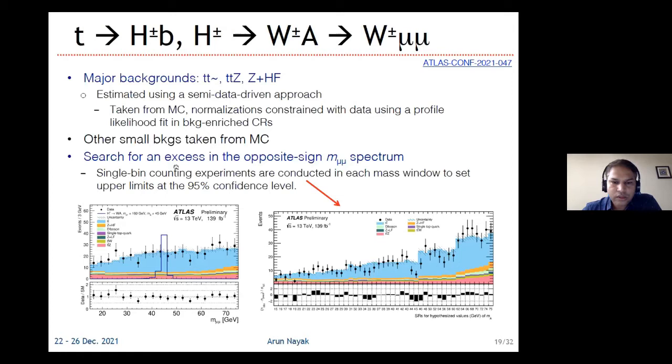For each of these points, you consider a few bins, and then count the number of signal and background events in each of these bins. Considering that you have something like 75 bins for different values of MA, it's a 1 GeV interval, and then you have the number of events for each of these bins from signal, background and the data.